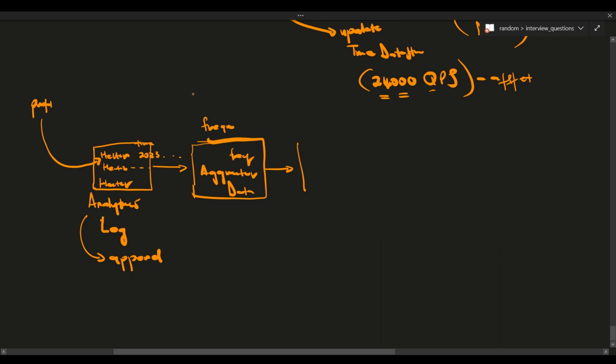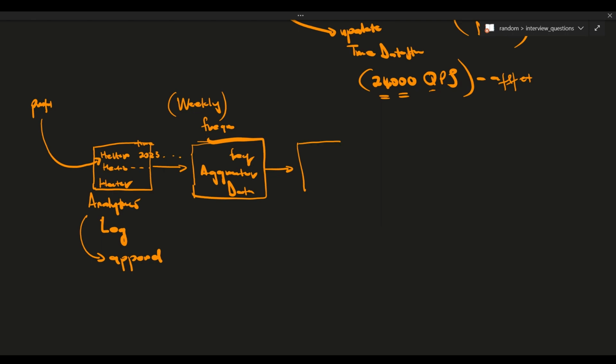We don't necessarily run this weekly, but we update our try data structure on a weekly basis. I'll get into that in a second, but I just wanted to make sure you understand that these are the aggregators for the frequency.